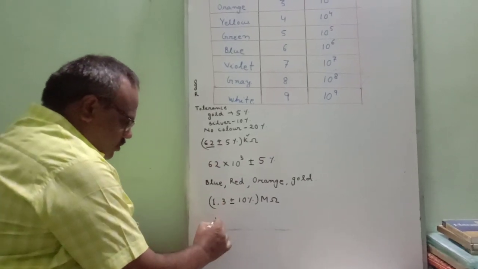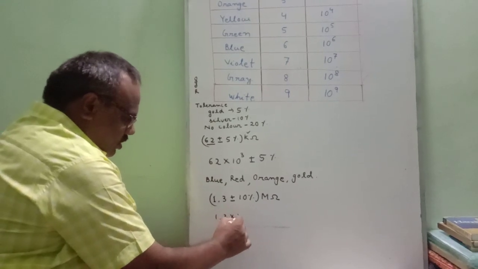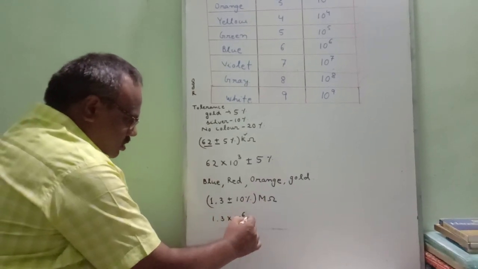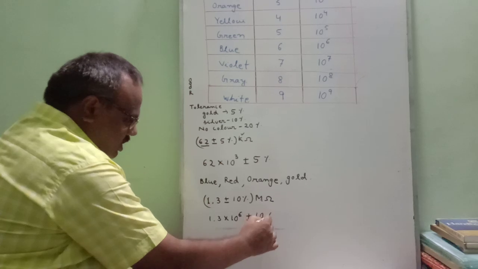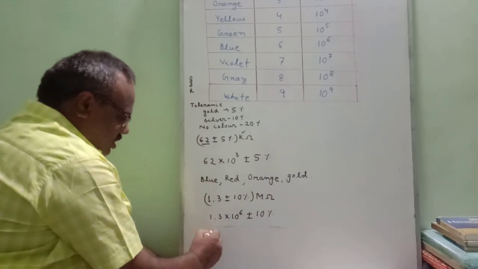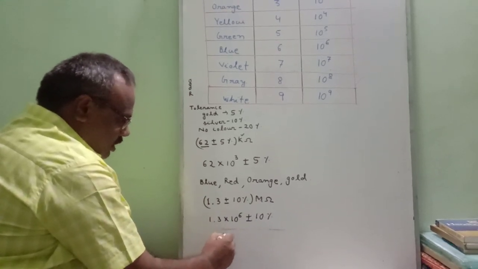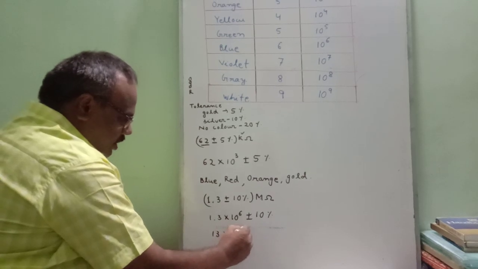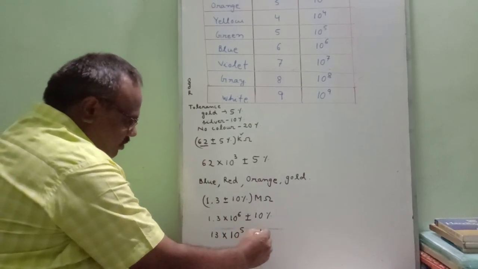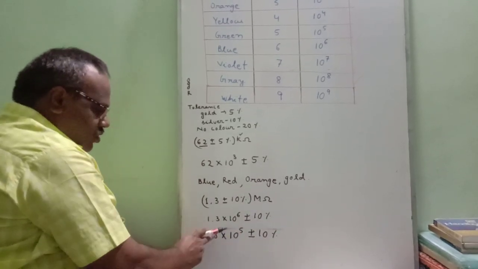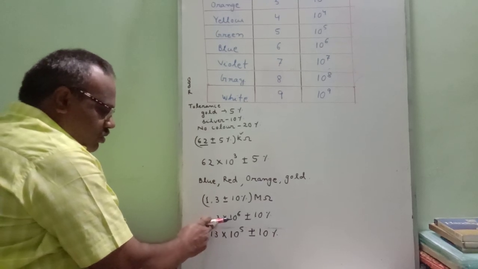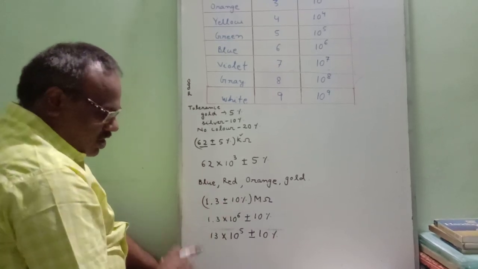So it is 1.3 into 10 to the power 6 mega plus minus 10%. If you remove this decimal, then it will become 13 into 10 to the power 5 plus minus 10%. Without removing the decimal, do not write the color code, otherwise it is wrong.